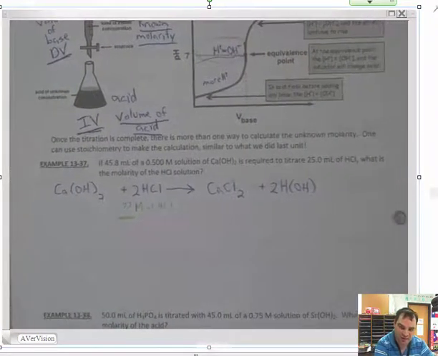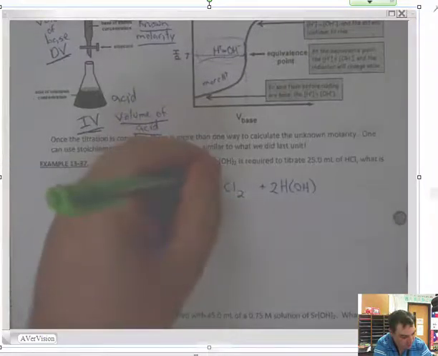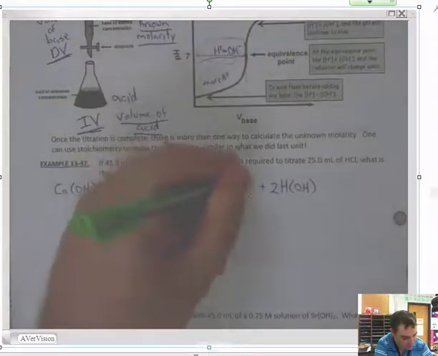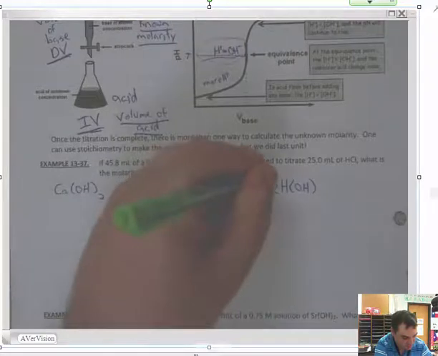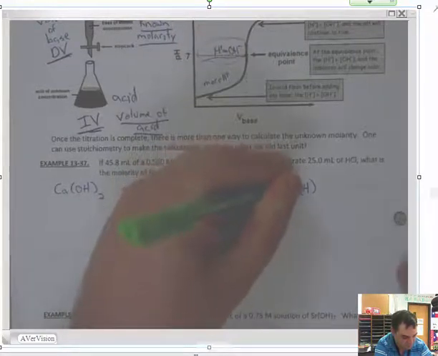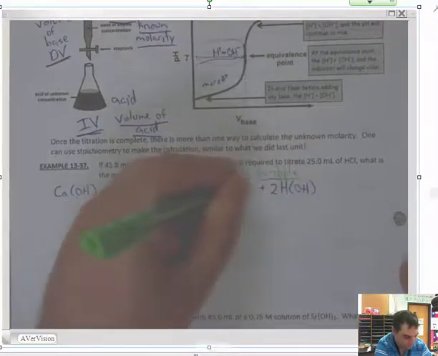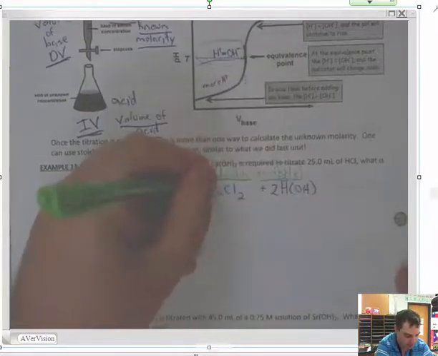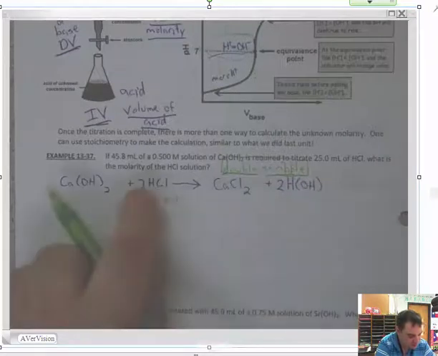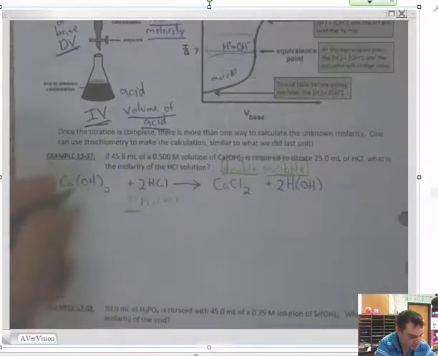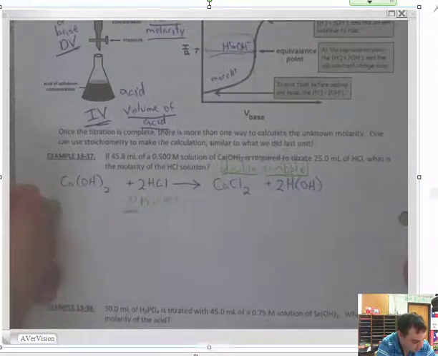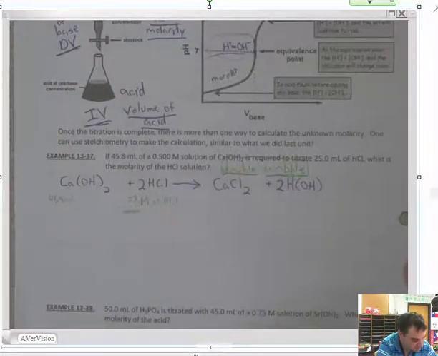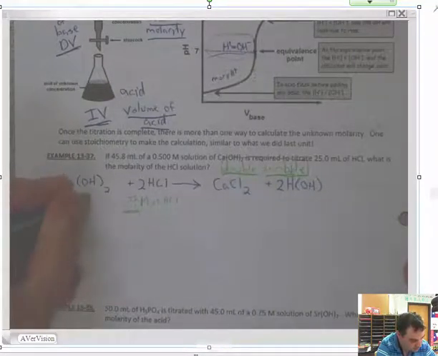So since this is a molarity problem, this is where my double scribble technique works. This is the one where I have a scribble on the top and a scribble on the bottom to solve. So since I'm looking for the HCl, I'm going to start off with the 45.8 milliliters of calcium hydroxide.